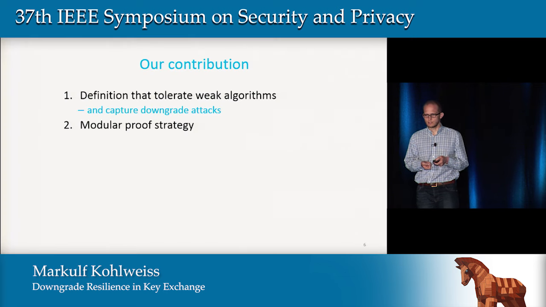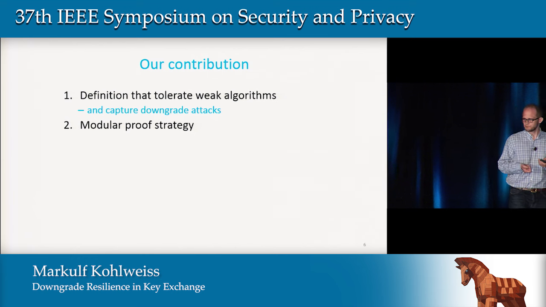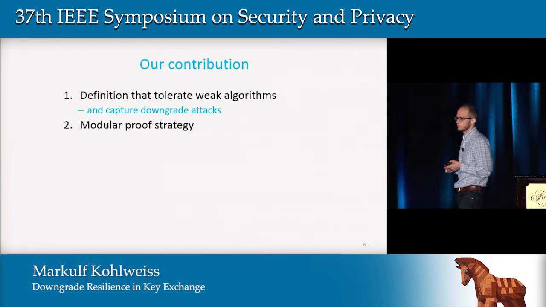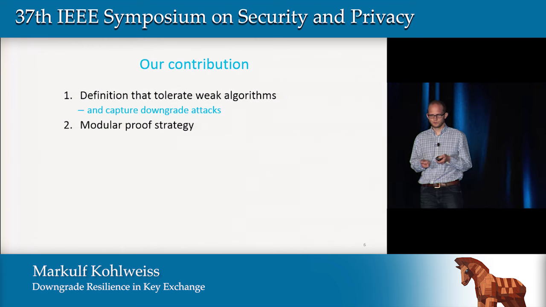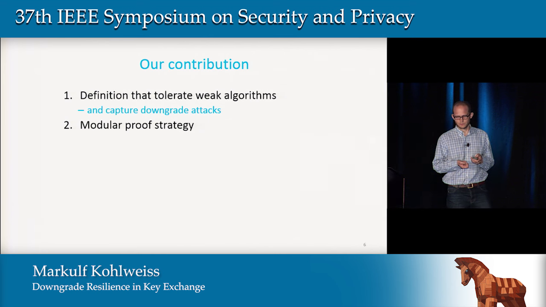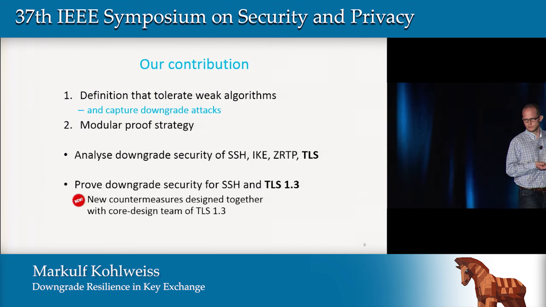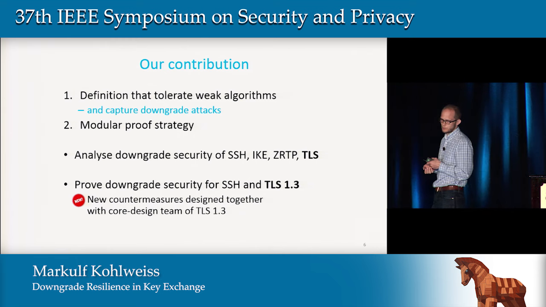Summarizing our main contributions: we have 2 general contributions for making the wild west of real-world protocols a bit more orderly. One is downgrade definitions, and the other is a modular proof strategy for proving downgrade security. In addition, we have protocol-specific contributions in terms of attacks and also security proofs in our new model.